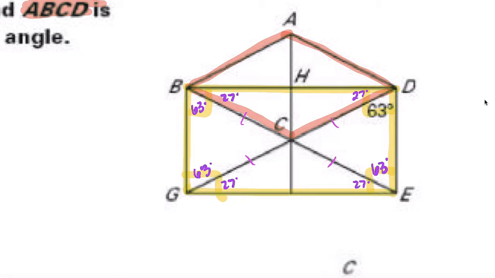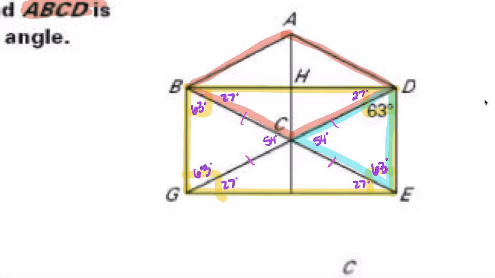Now that I have those angles for the rectangle labeled, I can also find some of the angles that are located at C. If I focus in on this triangle, knowing that the triangle sum is 180, I've got 63 and 63. Subtracting from 180 is 54. Using vertical angles, I'm able to label this one as 54 as well.